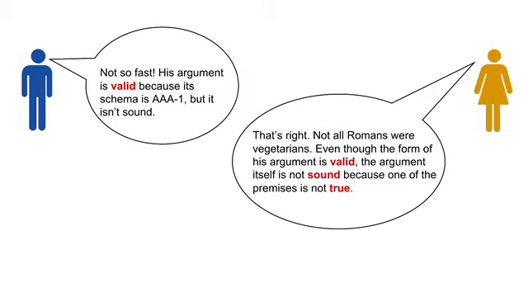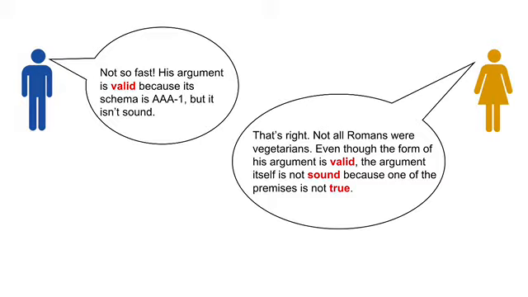His argument is valid because its schema is AAA1. And you may want to back that video up and look at that argument. All Romans were vegetarians. All soldiers in Legion 10 were Romans. All soldiers in Legion 10 were vegetarians. That's an AAA1. That is indeed valid. He says, but it isn't sound.